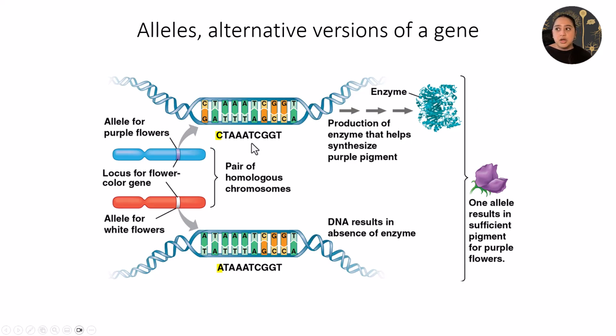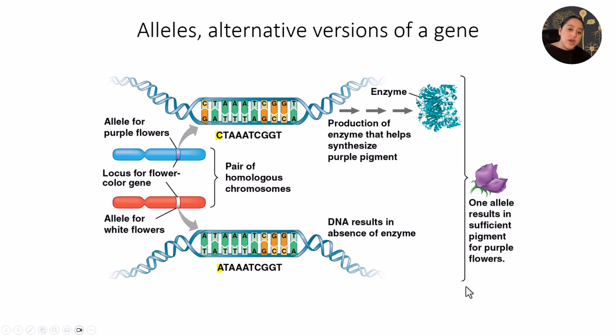We're going to talk way more about gene expression in a future lecture, but the gene is like a recipe for something. The recipe for the purple flowers has this small variation, CTAAT, CGGT. This is the recipe to make the enzyme that places the purple color in the flowers. The other allele has a small difference that ends up not letting the enzyme be made correctly, so that DNA sequence and recipe results in an absence of that enzyme.